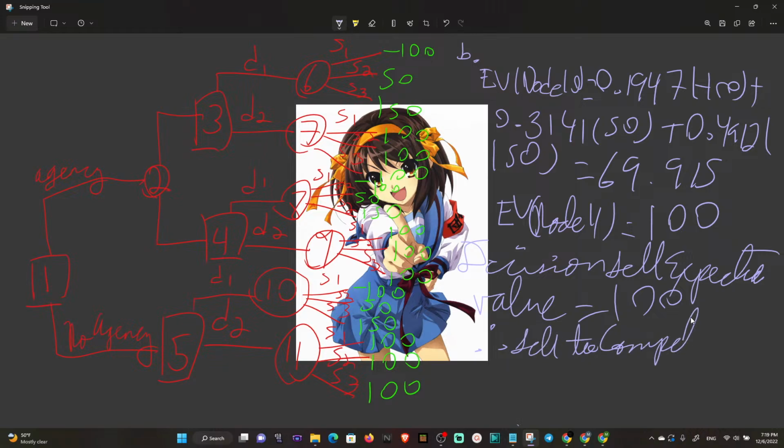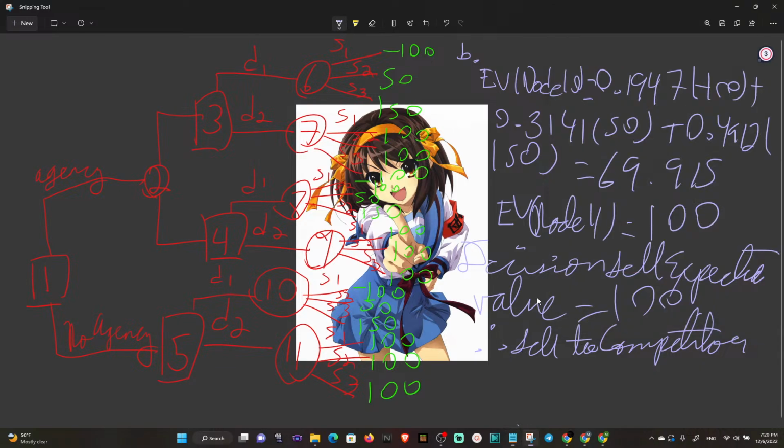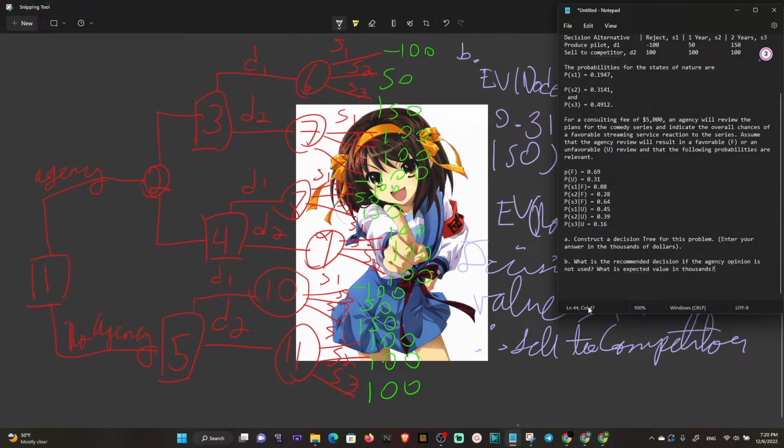And now we have to do C, which is, oh right, what is the expected value in thousands? Well, the expected value in thousands is 100. So now we go to C.